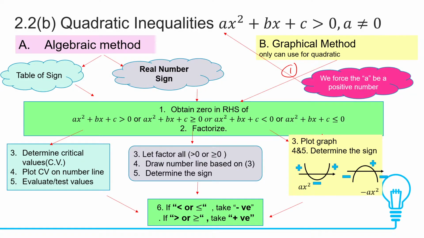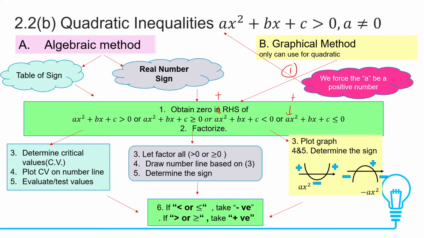Because on the right hand side it looks more natural. After that, we have to ensure our a must be a positive number. How to get a positive number? We can shift it to the other side and the sign will change, or we just multiply by -1.